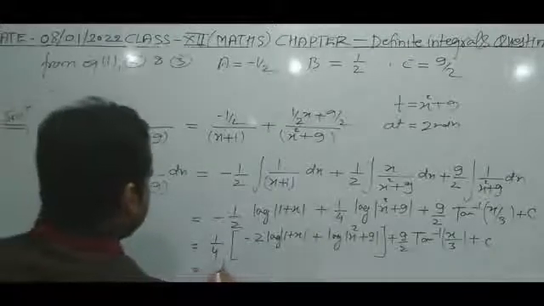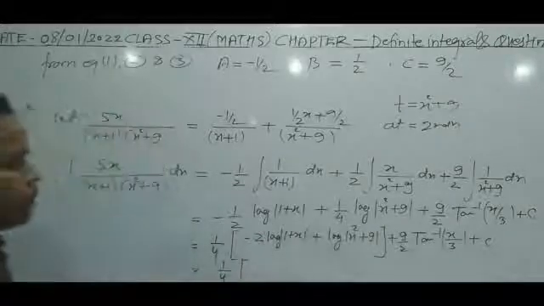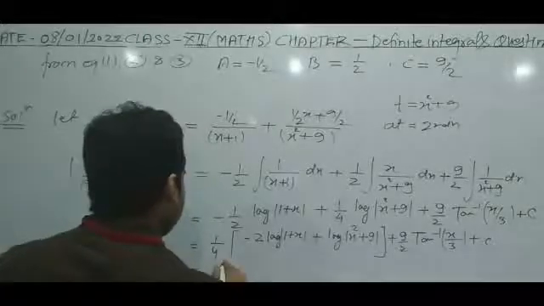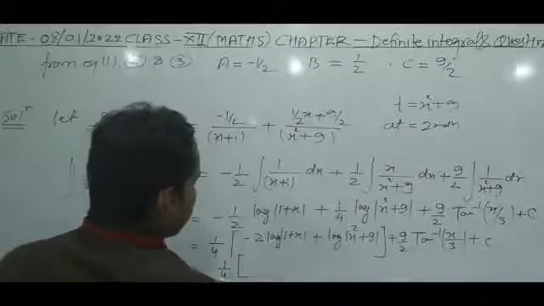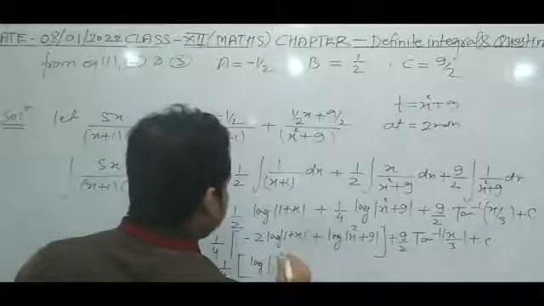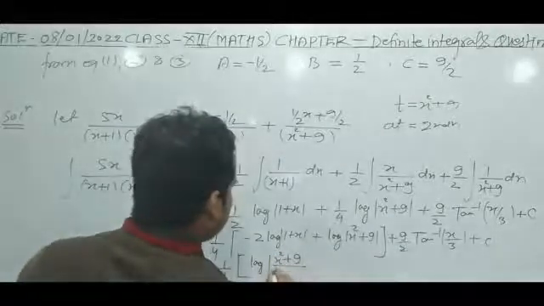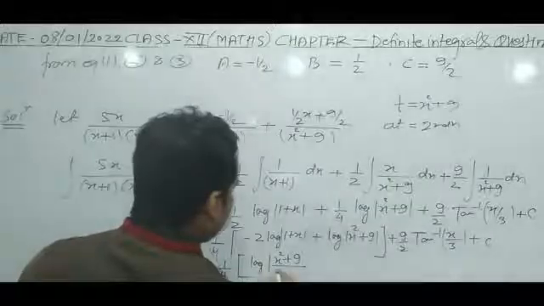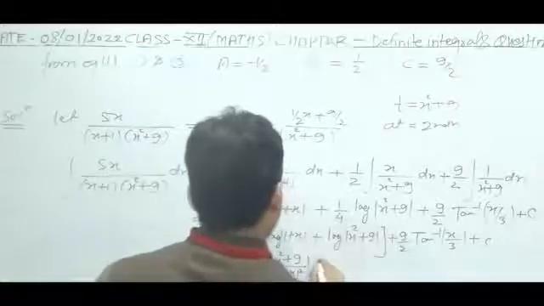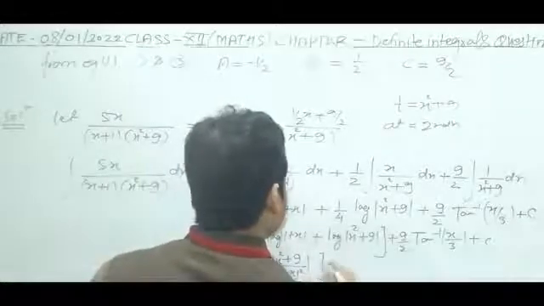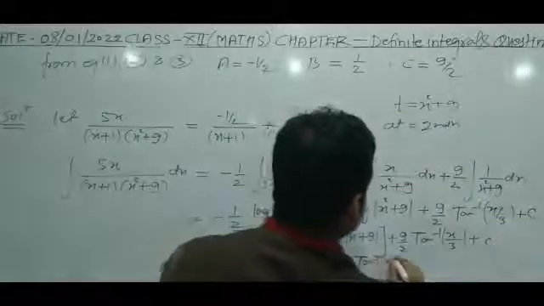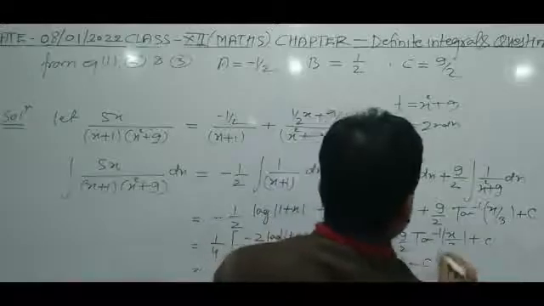And this one we can write as 1 by 4 times, log m minus log n means we can write log of mod of x square plus 9 whole upon (1 plus x) whole square, big bracket closed, plus 9 by 2 tan inverse x by 3 plus c.